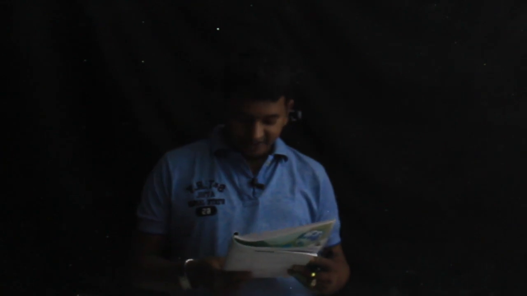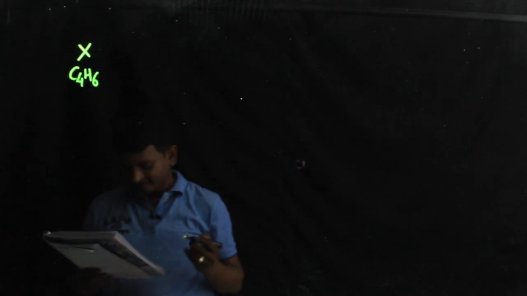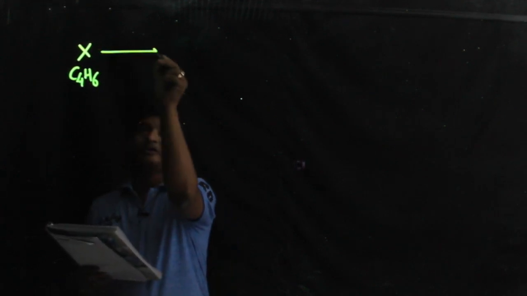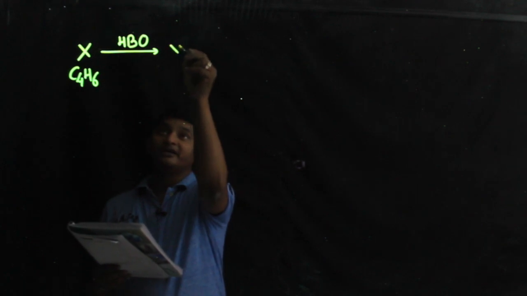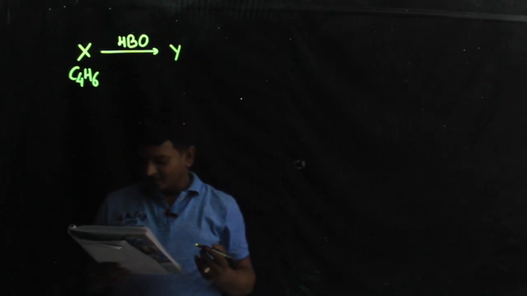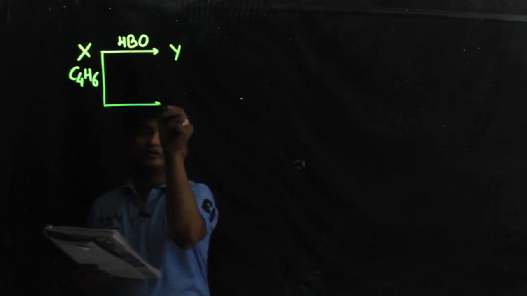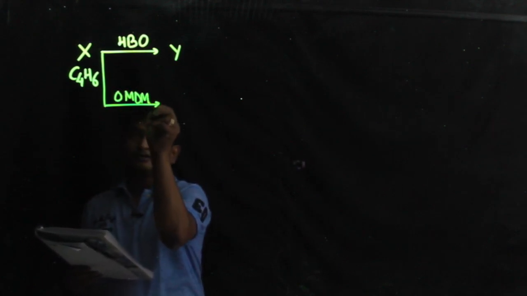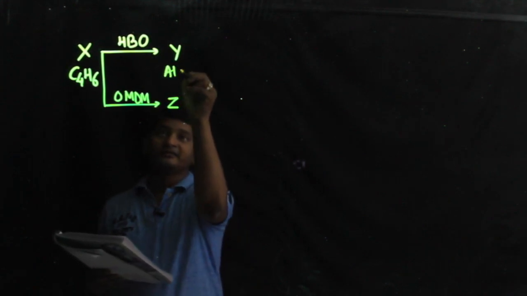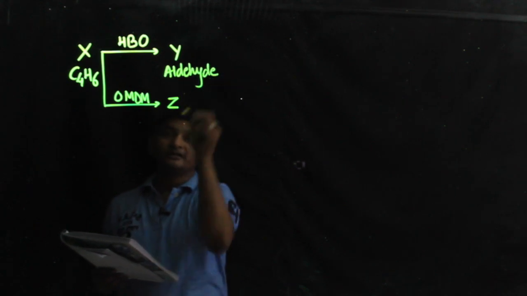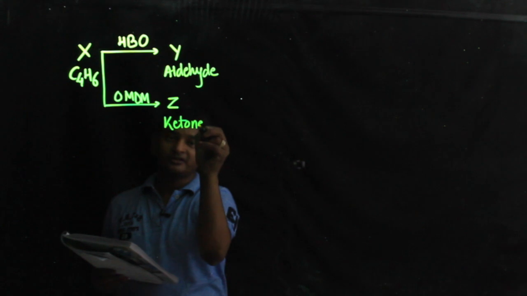So in the question it is said a hydrocarbon X, that means you have a hydrocarbon X with molecular formula C4H6, on hydroboration oxidation gives an aldehyde Y, and on oxymercuration demercuration gives ketone Z. This is an aldehyde, and this one is a ketone.